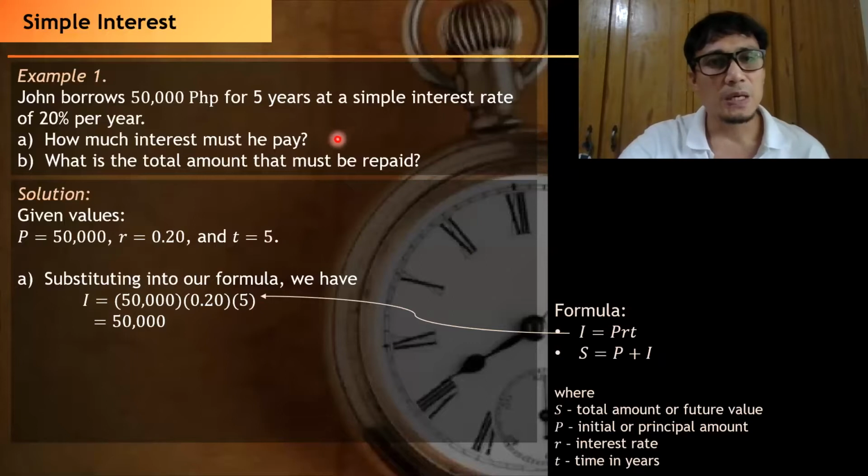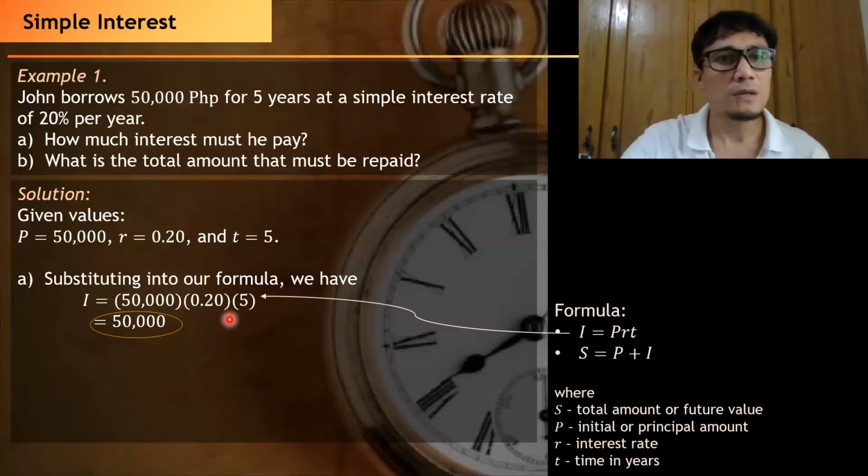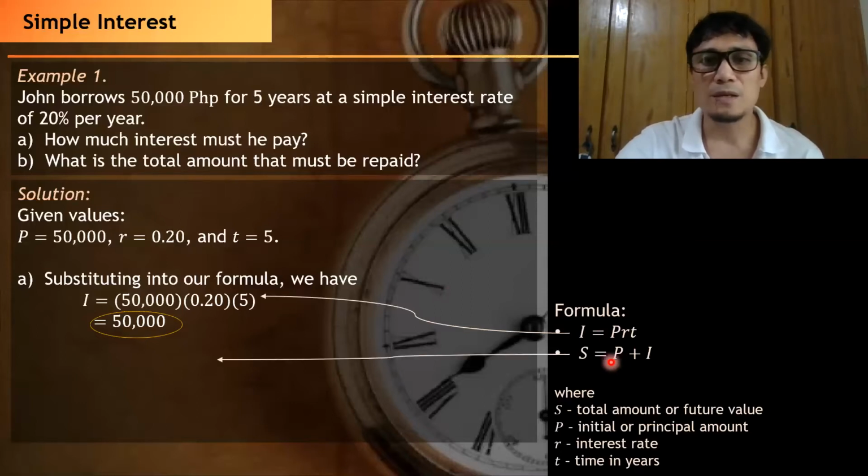Now, second question is, what is the total amount that must be repaid? That means that he's going to pay this 50,000 that he borrowed plus the interest of that amount, which we computed here to be 50,000. Okay, so to answer the second question, what is the total amount that must be repaid? We're going to use this formula, right?